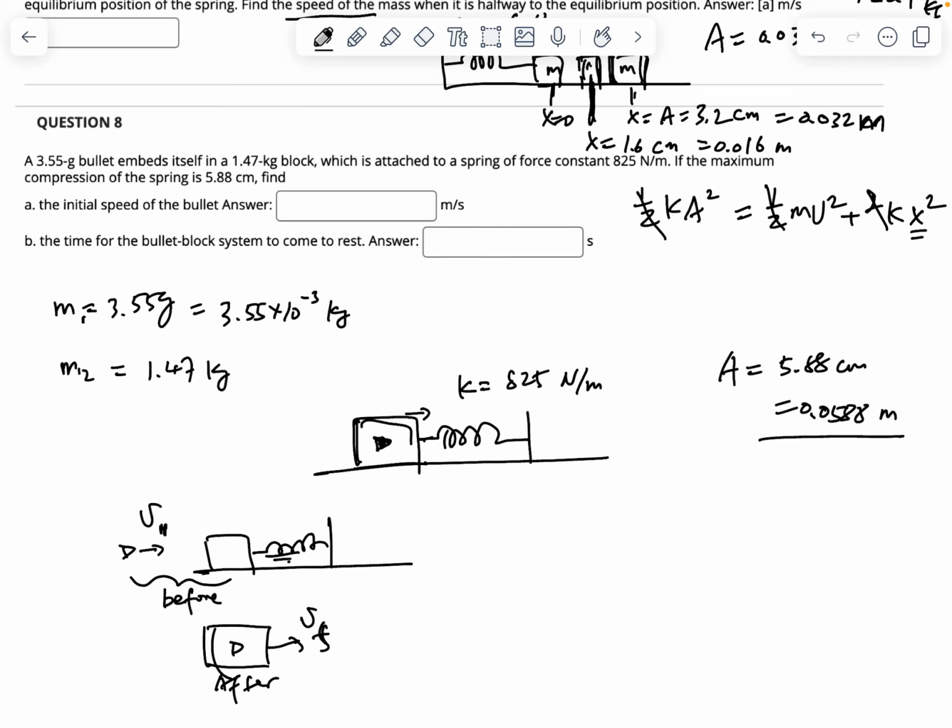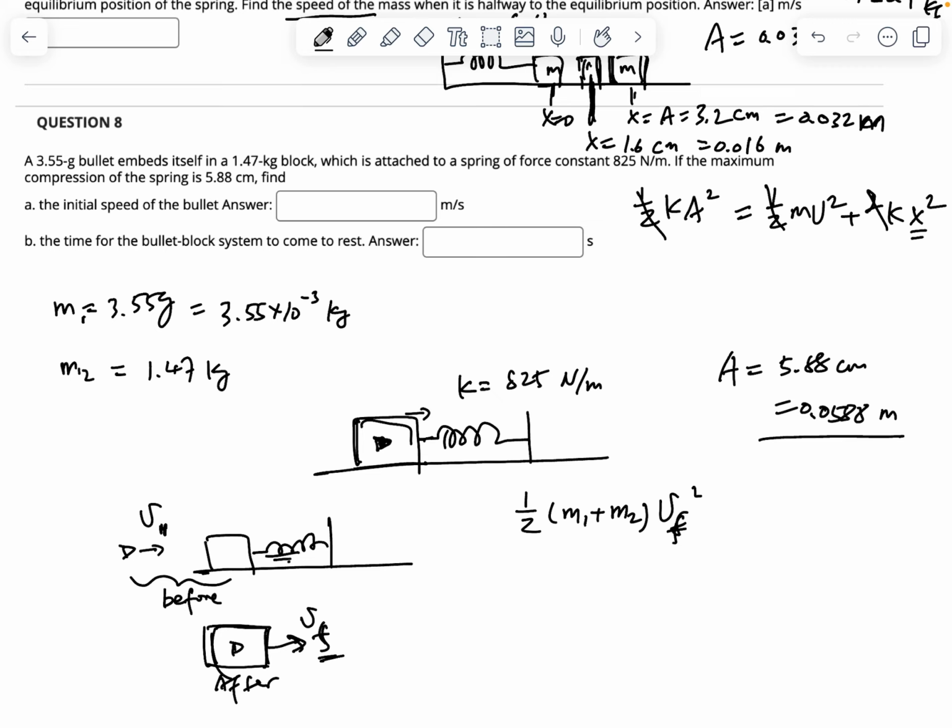So we look at energy conservation. We need to figure out VF first. The bullet and the block move together to compress this spring. Before compressing the spring, the total energy is kinetic energy, 1/2 (m1 plus m2) VF squared.